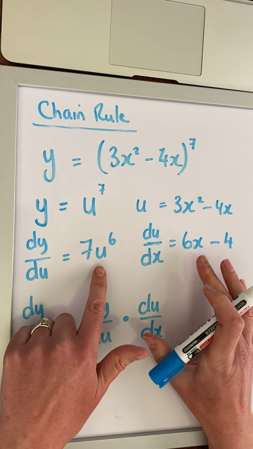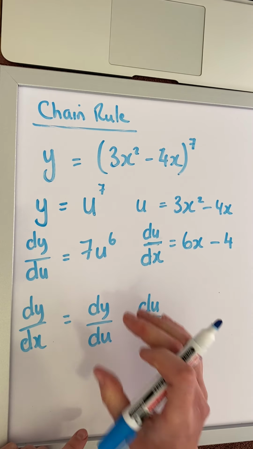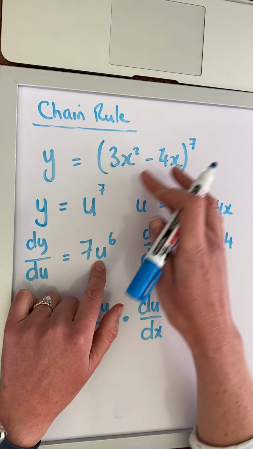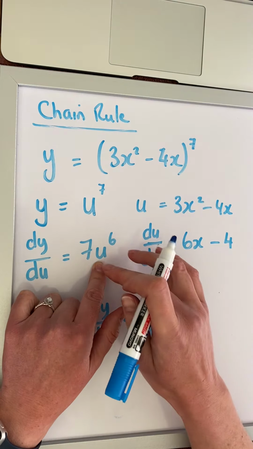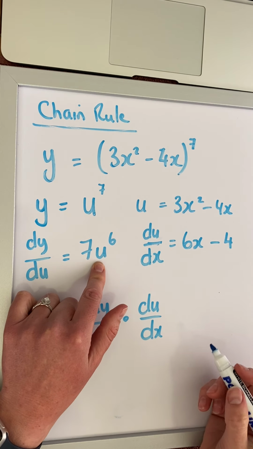So all we need to do is simply multiply these two expressions together. And we must remember that because we want our answer to be in terms of y and x, we are going to reverse our earlier decision of replacing the bracket with a u, and now we're going to replace our u back with the 3x squared minus 4x.